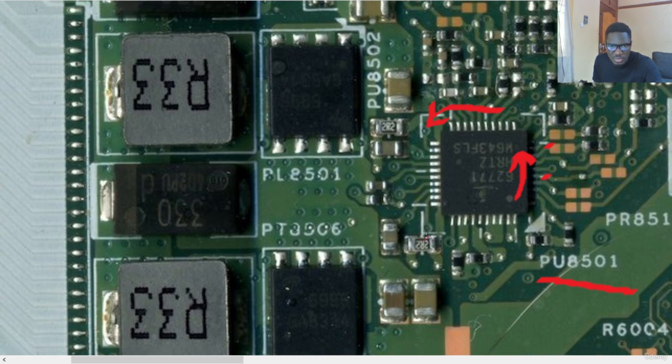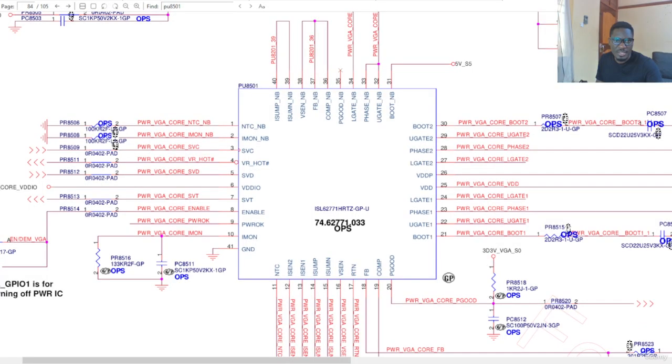So on pin 30, you see this arrow that comes on this resistor. It's labeled 2R2 and it's connected on pin 30, right? This by this rail. So if you go on pin 30 of your chip in the schematics, you'd find that pin 30 is connected to that resistor.